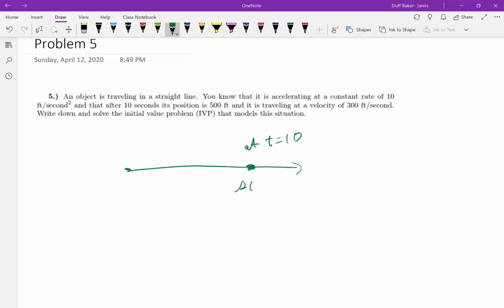So remember, S is the position. S prime is the velocity. And S double prime is the acceleration. Okay, so the first thing they told us is that it is accelerating at a constant rate of 10.